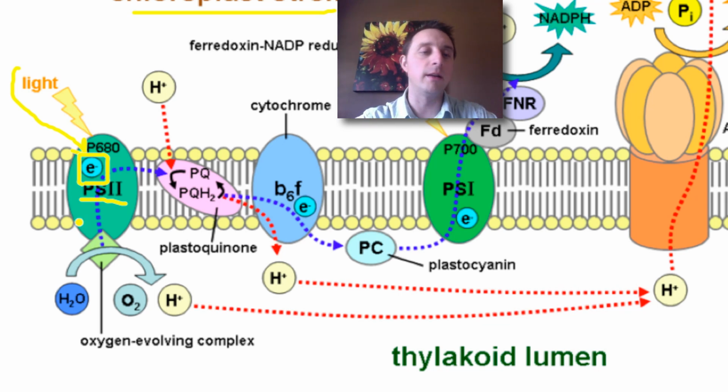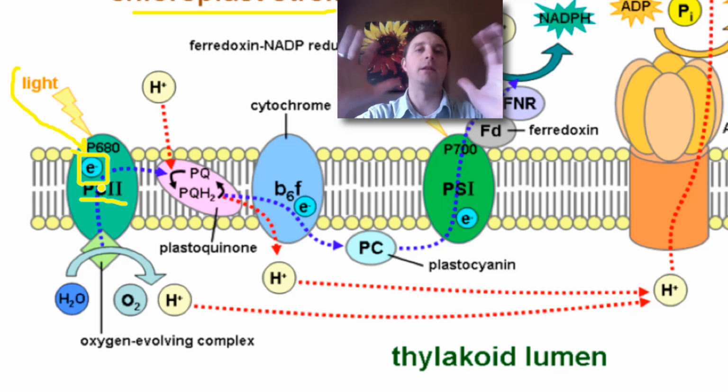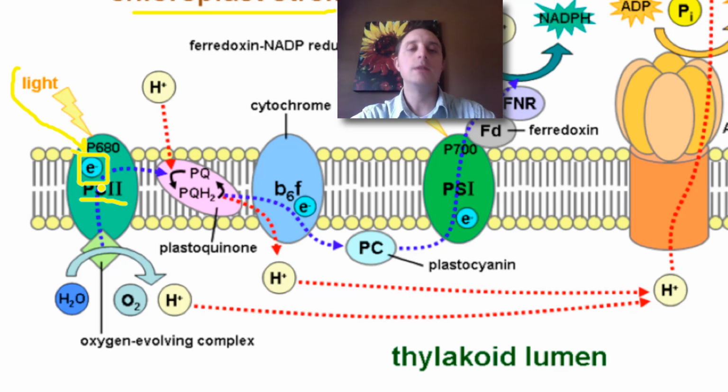The energy is passed from light to this electron. The electron starts bouncing around inside the photosystem because it's so excited by the light energy that it just captured. Eventually this electron gets kicked out. It gets bumped out of the photosystem. It's just too high energy. It can't stay in there.